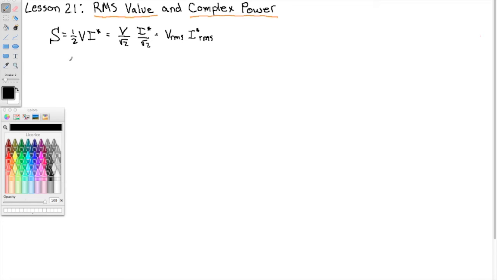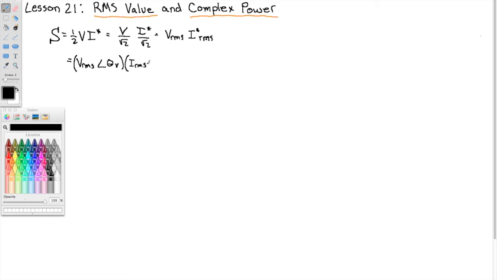So if I do that multiplication, this is V Rms, and I'm going to break it down into its magnitude and phase, right? So V Rms, this is the magnitude, the amplitude over the square root of 2 part, and this is the angle, times, I'm going to break this guy down, I Rms complex conjugate, well, that's its amplitude over square root of 2, right?